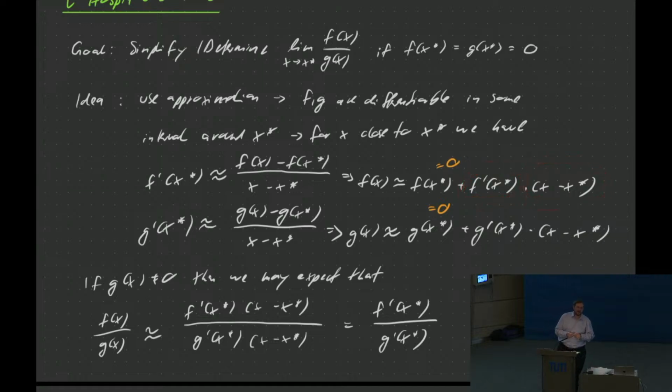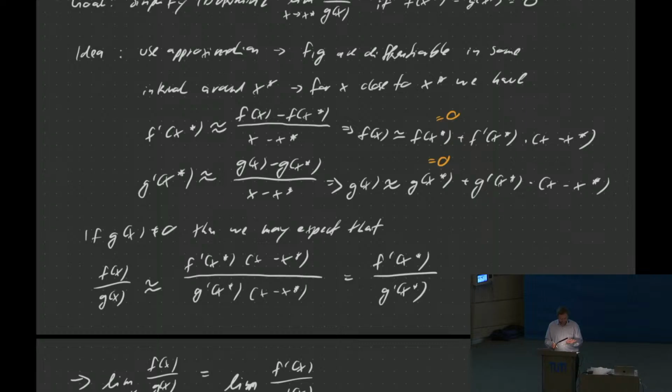Basically this is the equation for the tangent of f at the point x star. So we're replacing the function by the tangent, and the idea is if we're close to x star, then that approximation should be pretty accurate. At x star, the lines coincide, and close to x star, they should at least be close. Not exactly, but close.